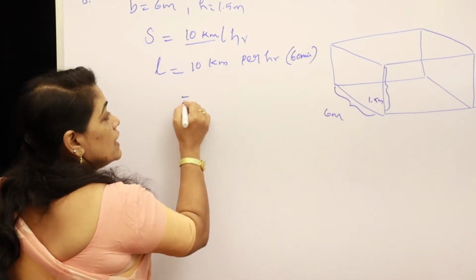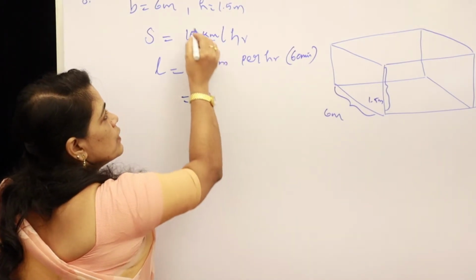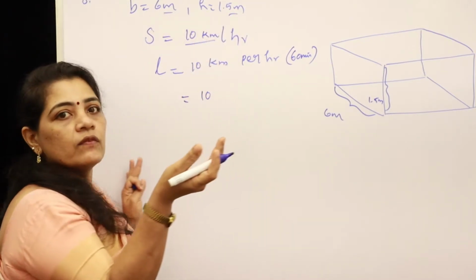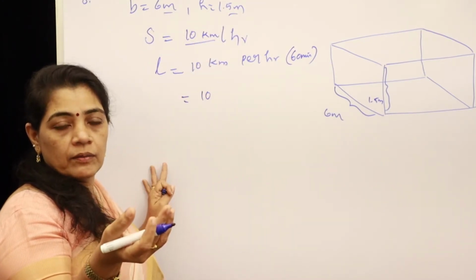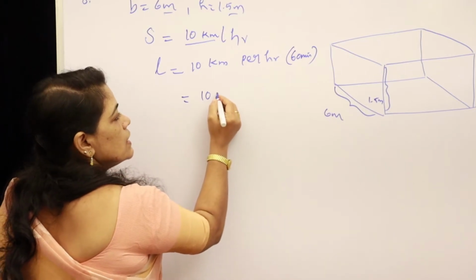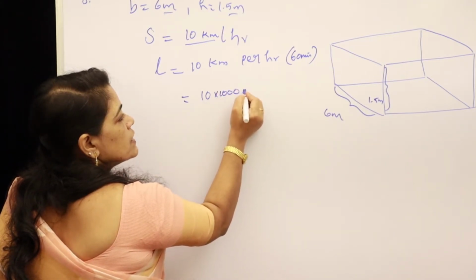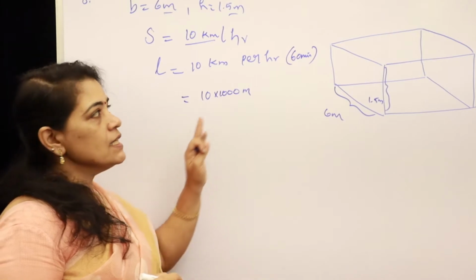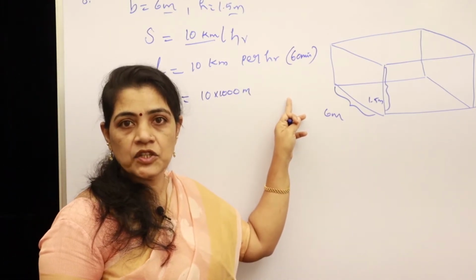Because these are in meters, we convert kilometer into meter by multiplying with 1000. So 10 kilometer becomes 10000 meter per hour, that is in 60 minutes.